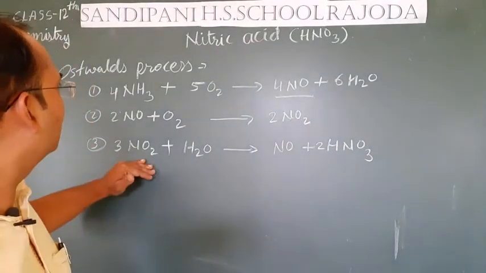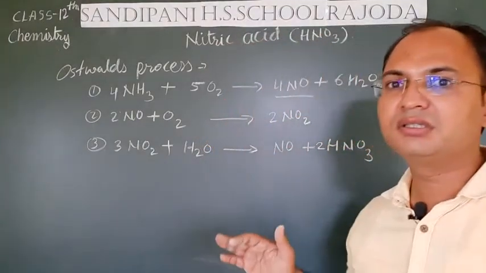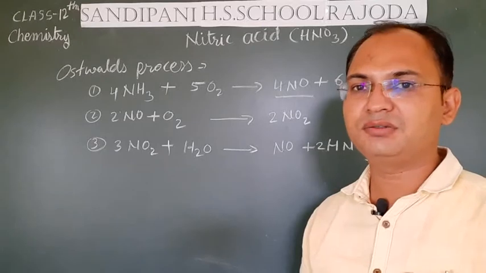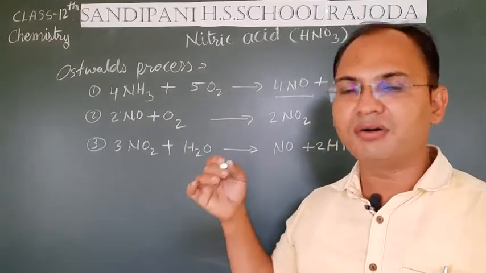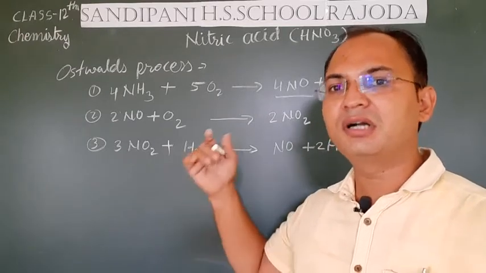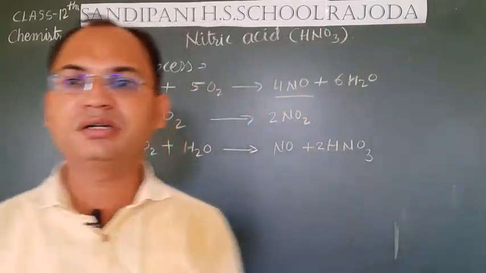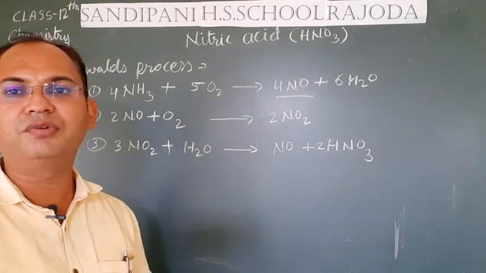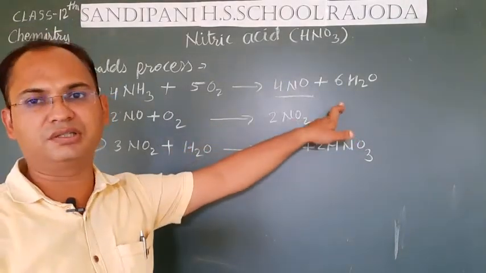So students, this Ostwald process takes place in 3 steps. 3 different reactions take place in the Ostwald process. The first reaction starts with the oxidation of the ammonia, in which 4 molecules of ammonia combine with 5 molecules of the oxygen to form 4 molecules of nitrogen oxide and 6 molecules of water.